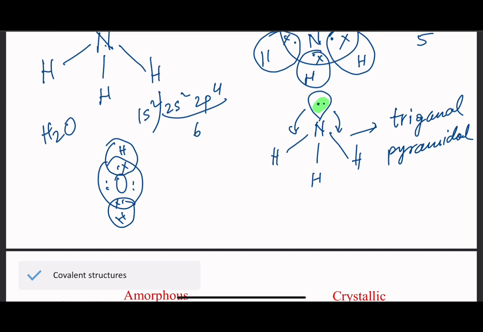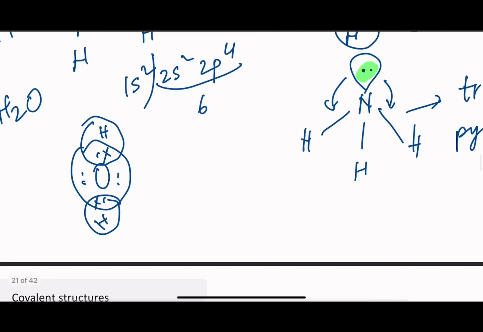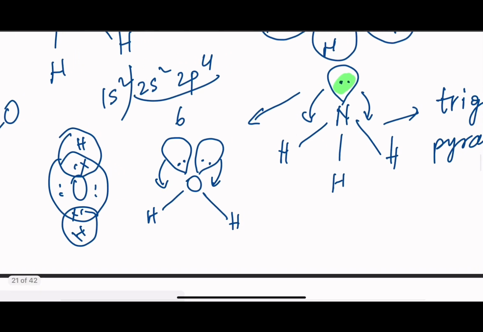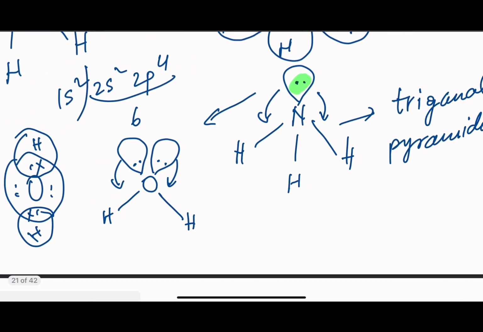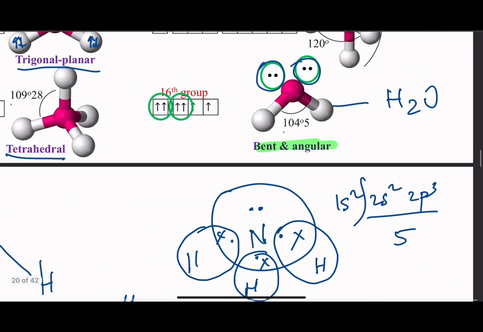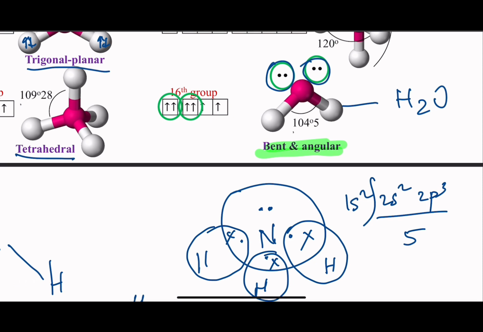So now it looks like this. So I got oxygen with 2 bonds. These 2 electron pairs go on top. This is the way it looks, and they push this angle even further, more than this, okay? And then it makes a shape called bent or angular.